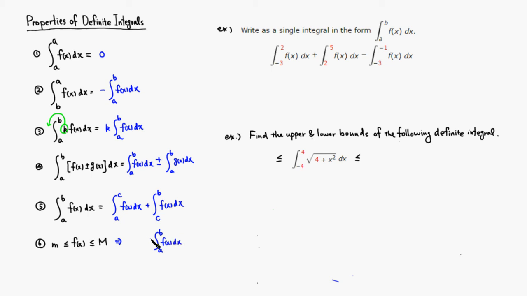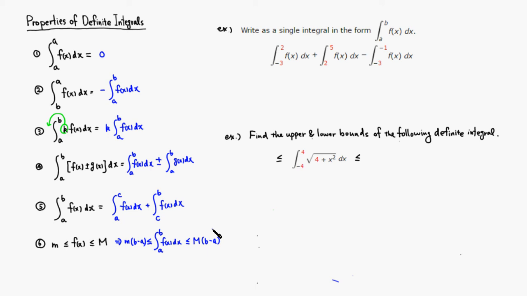It is going to be bounded below by lowercase m times the length of the interval, which is b minus a, and bounded above by capital M times the length of the interval, again b minus a. So those are the simple properties of definite integrals, and they are very intuitive. I don't think a lot of people have trouble remembering those.